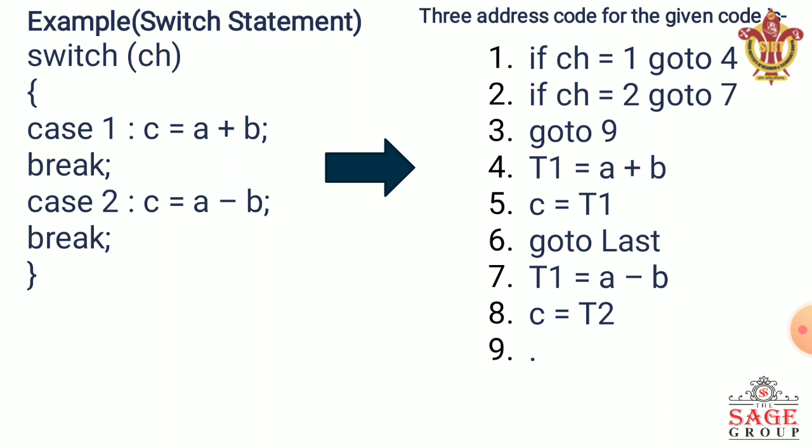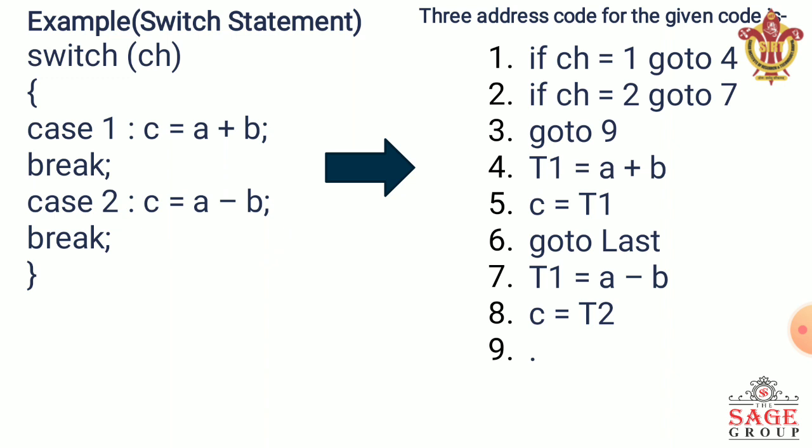If ch is not equal to 1, then we want to check another case, which is equal to 2. So we write here if ch is equal to 2. If this condition is true, then we execute our second case statement, which is c is equal to a minus b, whose statement number is 7.